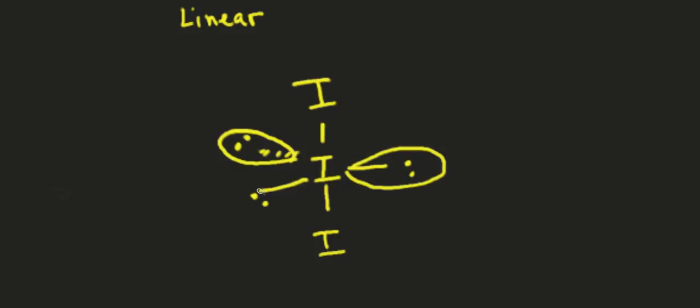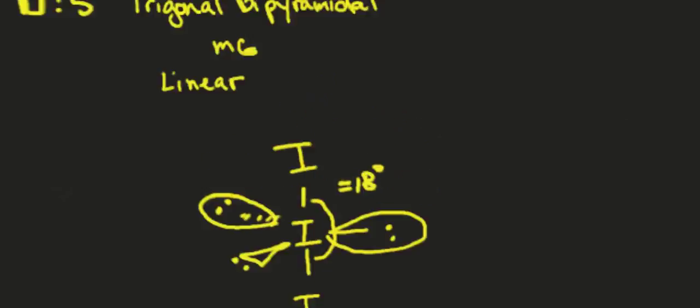Then this could come out of the page. And the reason you don't put bond angles of 120 in between these is because they're lone pairs. There aren't bonds. But these are bonds, and that bond angle is equal to 180 degrees. Alright, so there's your linear, and it's trigonal bipyramidal.